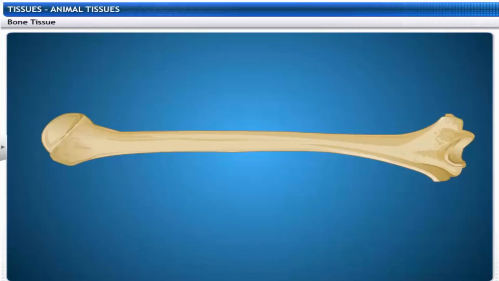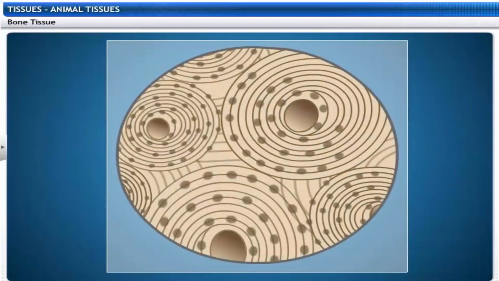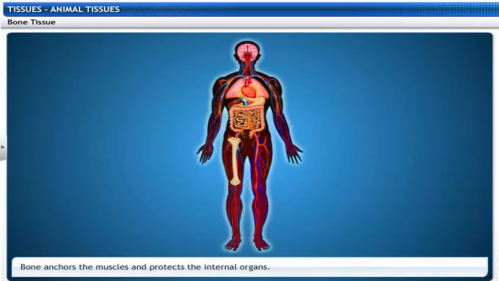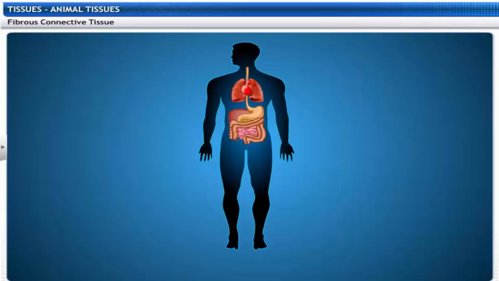Bone is another connective tissue. Bone cells are embedded in a hard matrix composed of calcium and phosphorus compounds. It is a hard porous tissue that anchors the muscles and protects the internal organs. Take a close look at these tissues that pack and bind various organs.